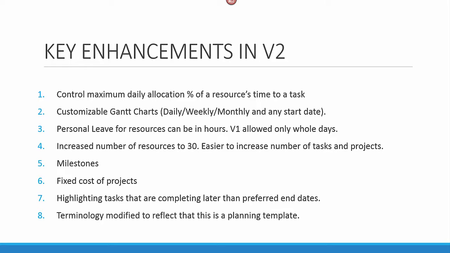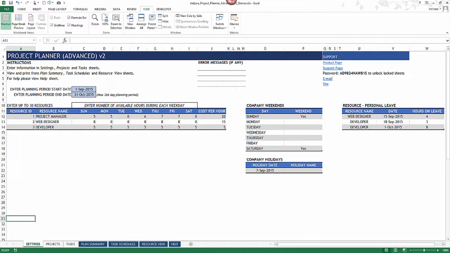This is only for planning future projects, and the terminology used in some of the column labels has been modified to properly represent that. Now let's take a quick look at the template itself, and then we'll walk through quickly these enhancements. Okay, so now I have the template open with some sample data entered.